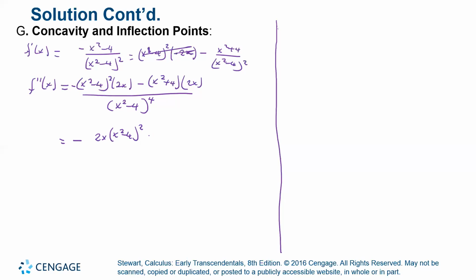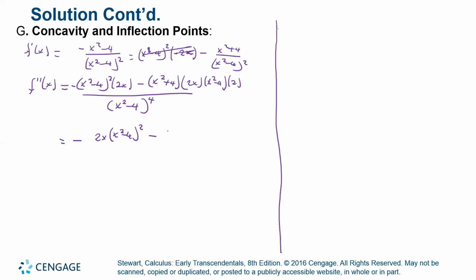But I got something here wrong. Let's go back a step. This is a 2x, and then we have x squared minus 4 times 2. Yeah, that's correct.